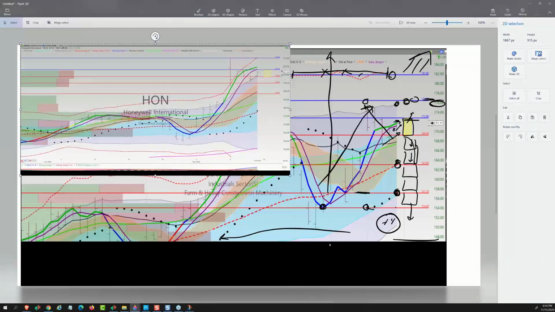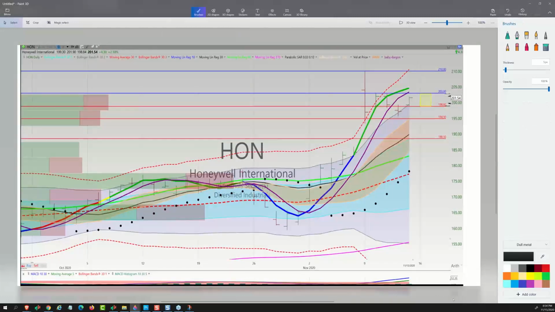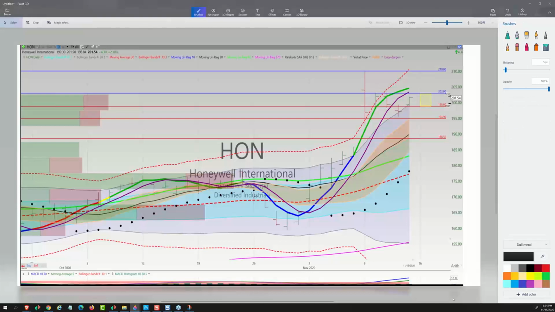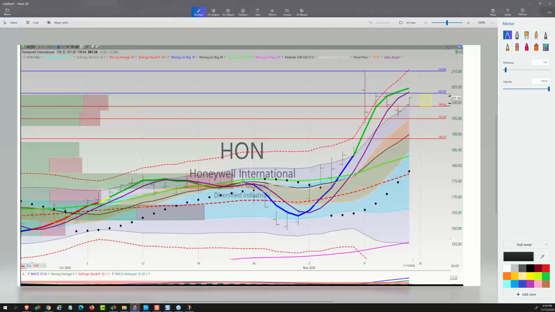You'll see Honeywell has basically the same pattern, but this is even better. Honeywell's even better because the size of the sell-off was less. From here, the size of the sell-off to here was even less than Caterpillar.